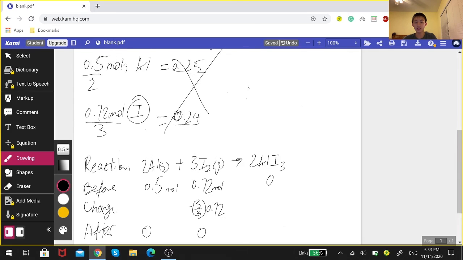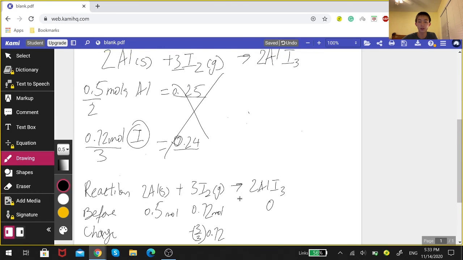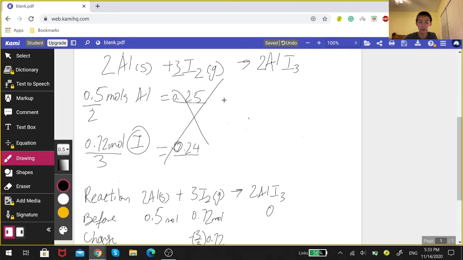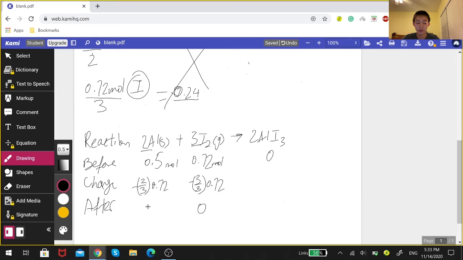Now let's work with the excess reactant, which is Al, which has the higher number over here. For the change, we're going to use what we have over here, 2, divided by 3, which is what we have over here, times the same number, 0.72. This is no longer 0, because remember, this is an excess reactant. So after this, you'll have some extra left over. 2 divided by 3 times 0.72.